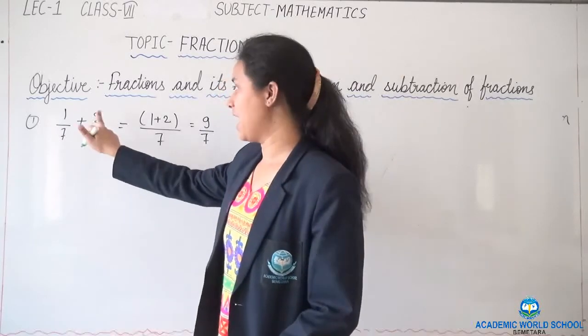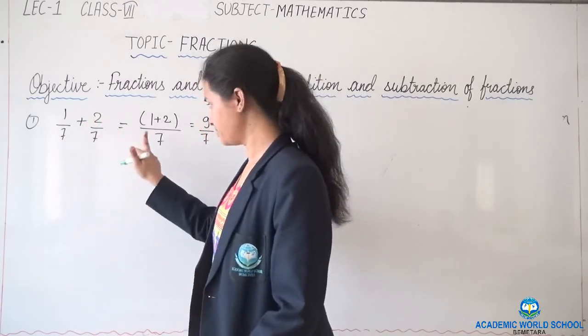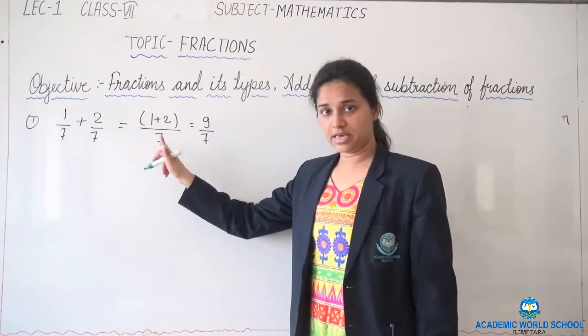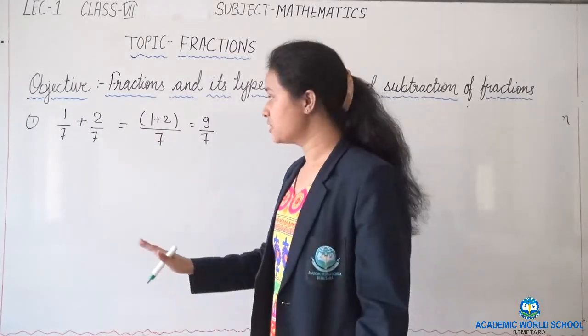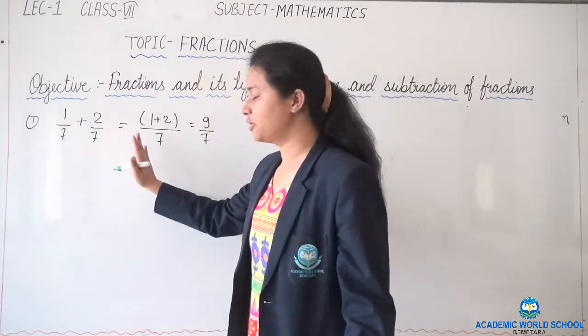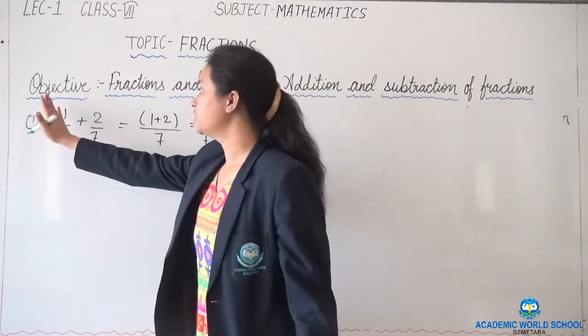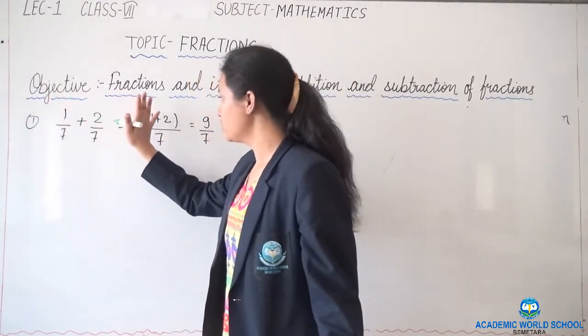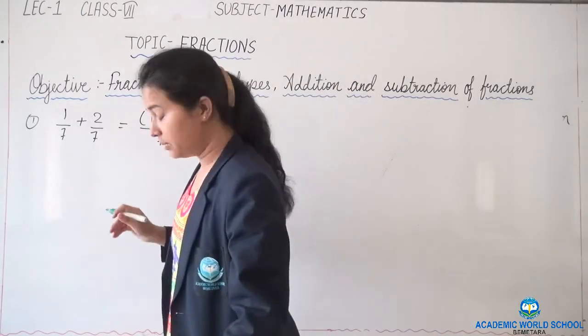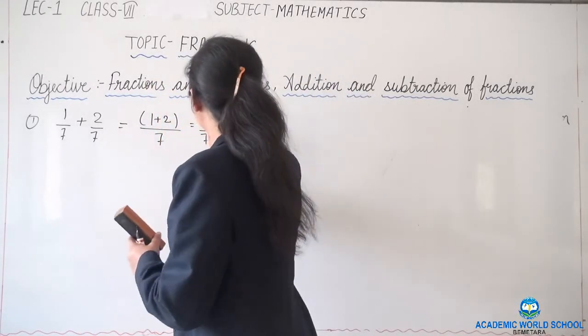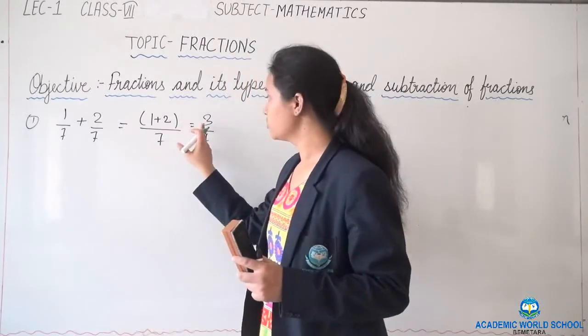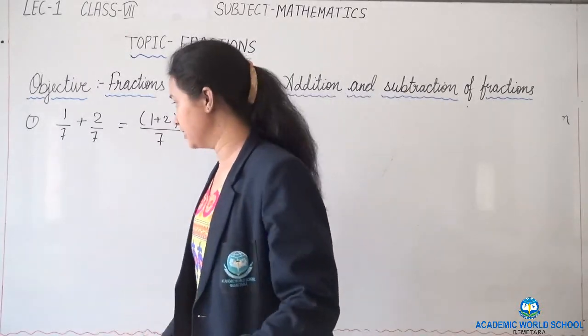We always add the numerators. Here, both were like fractions, so 7 and 7, the denominator we got is 7. Now we simply add the numerators, 1 plus 2, that will be 3. So 3 upon 7.